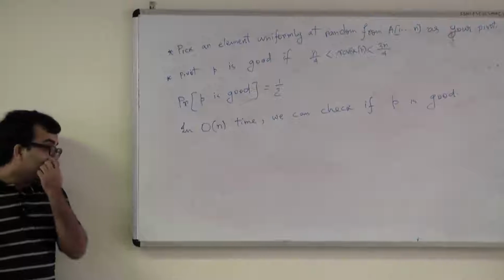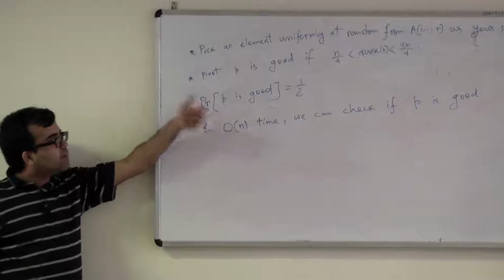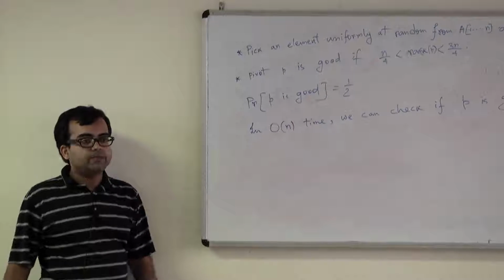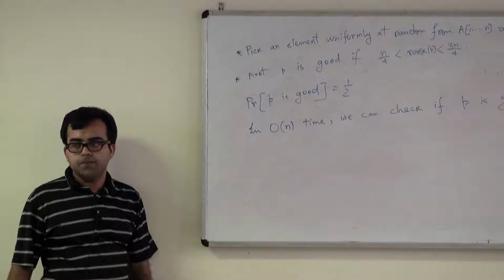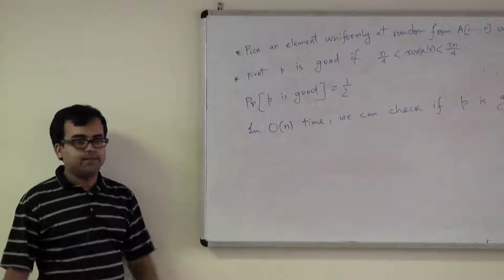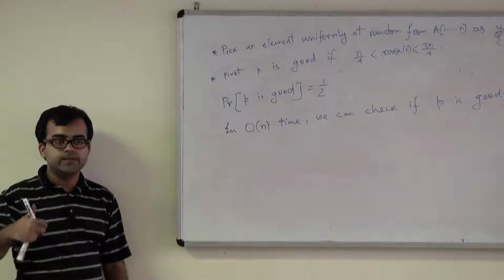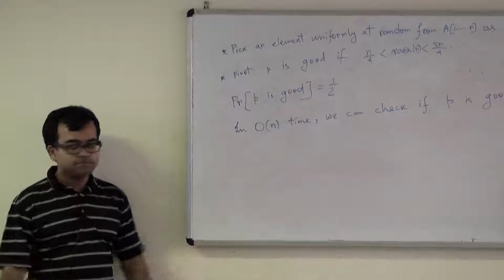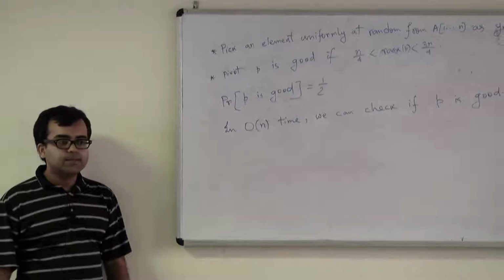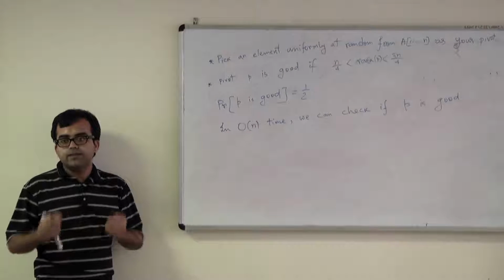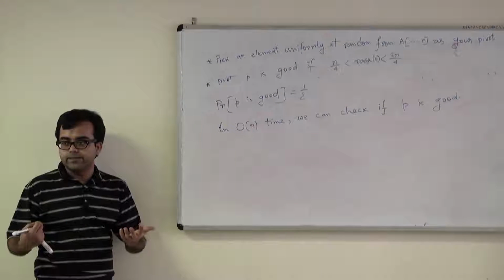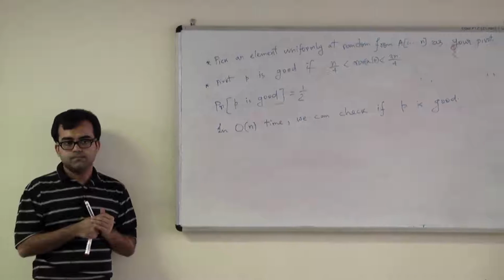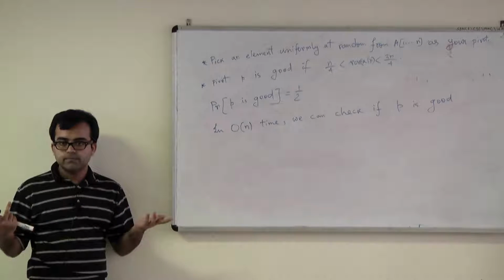Now, in expectation, how many times will you need to pick a random pivot to find a good one? Let me cast it like this. You have a fair coin. You toss it, it comes up head or tail with equal probability, half. How many times do you need to toss this coin in expectation to see one head? 2, right?